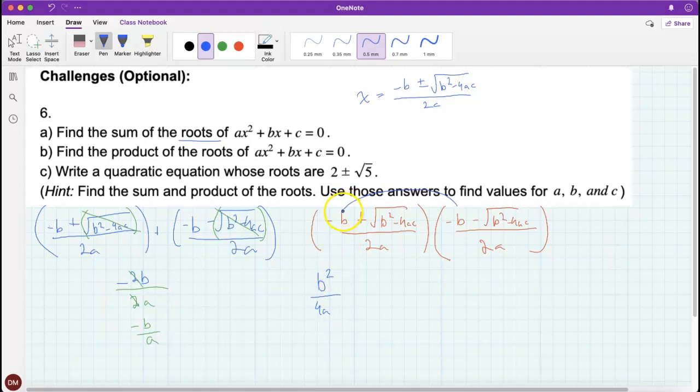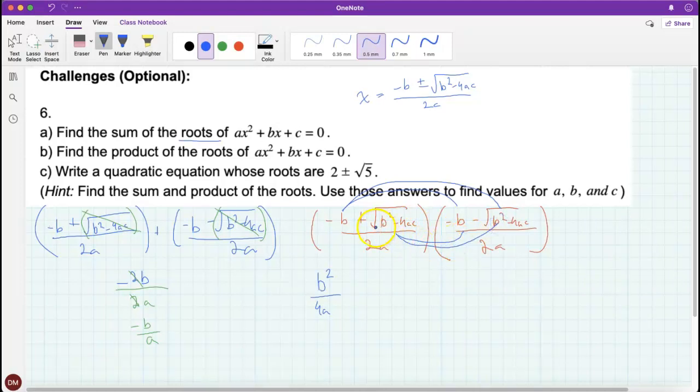And then when I multiply here, that's negative b times the square root, and then the next time when I multiply it, it's going to be the opposite of that, so they're going to cancel out. So I don't even need to write that one down.